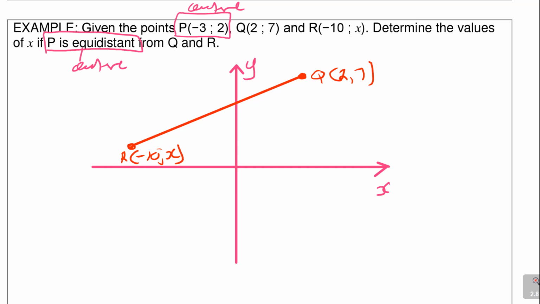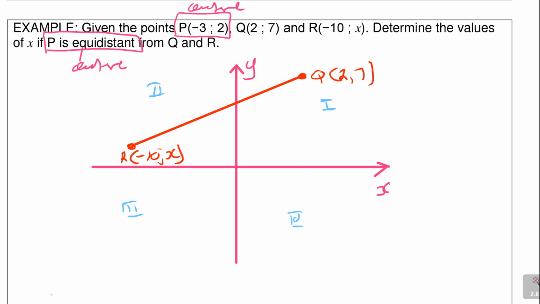By the way, if you remember the quadrants, this is quadrant number 1, but you do that especially when you deal with trigonometry. This is quadrant 1, this is quadrant 2, this is quadrant 3, and this is quadrant 4. So you can have Q in that, or I can have it in this one.